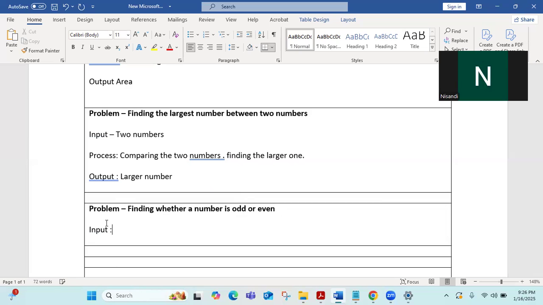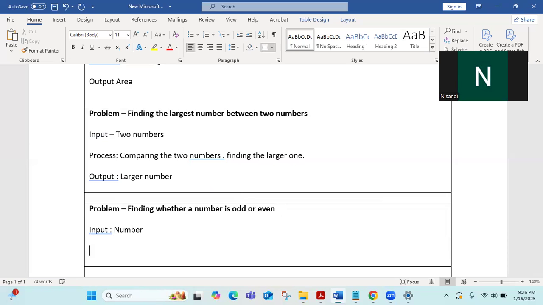Input is a number. We divide the number by 2. If the remainder is 0, it's an even number. If the remainder is 1, it's an odd number.